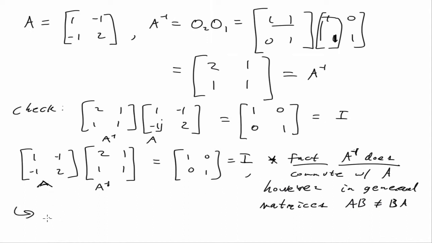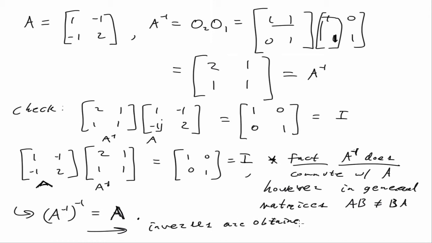And another statement, of course, is that if I take the inverse of A inverse, I get A again, right? That's the important point here: the inverse of an inverse is the matrix itself. So now we know where the inverse comes from. Let's write down the punchline here: inverses are obtained by row operations.